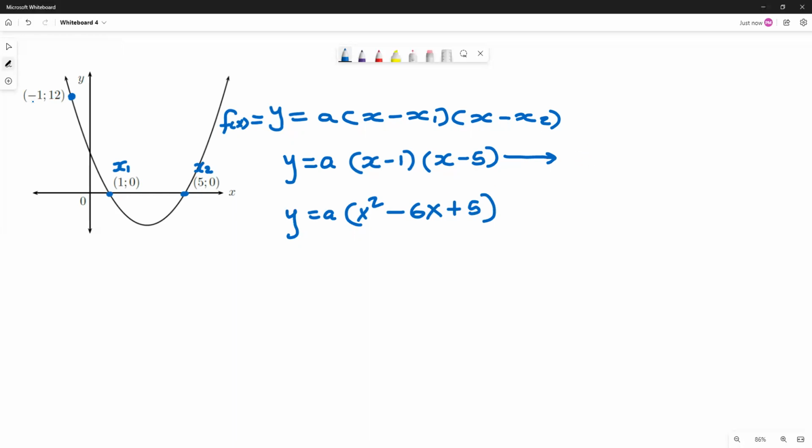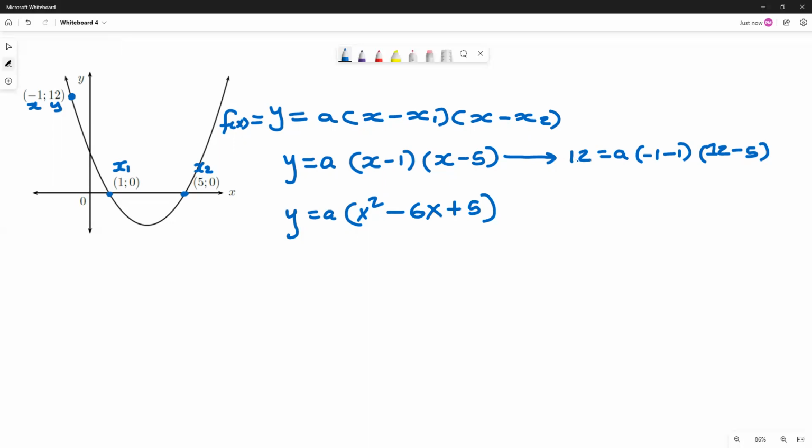Now let's come here. Remember here, you take a point. This is your x. That's your y, right? So my y is 12, equals a, negative 1 minus 1, negative, what? I mean positive 12, and then minus 5, right? Let me just check if I substituted properly, right?